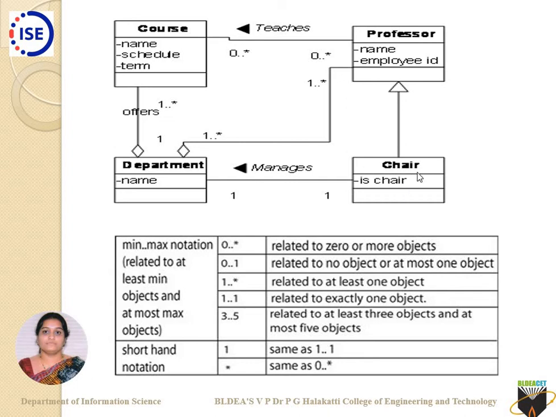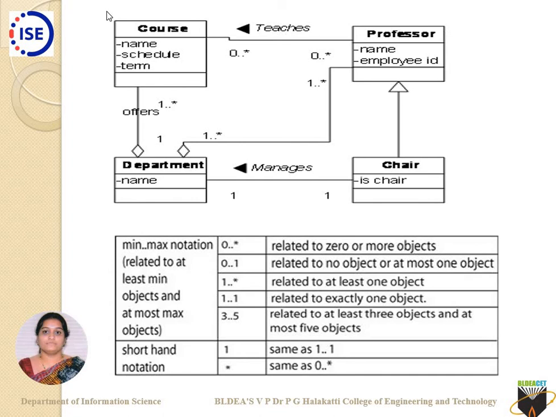This particular chairperson manages the department. That is 1. If I have professor and department, it happens to be 1..asterisk and 1..asterisk, which means that at least one department is connected with one professor. Else multiple, at the maximum multiple departments can be connected with multiple professors there.